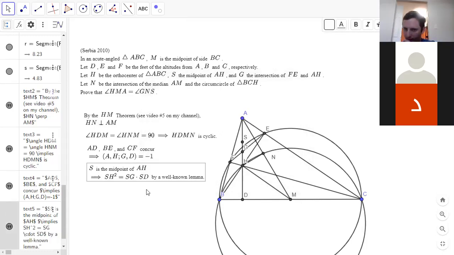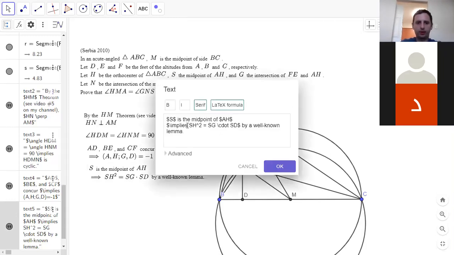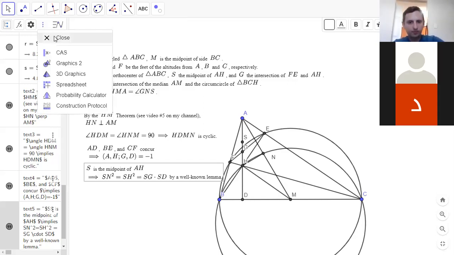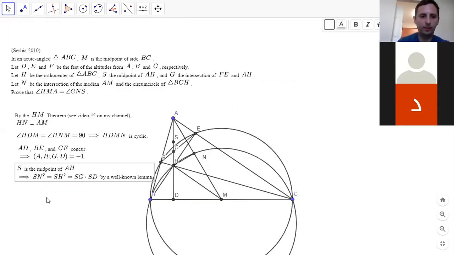And once we know that, I should say SN squared is equal to SH squared. Once we know that, that means that triangle SNG is similar to triangle SDN.